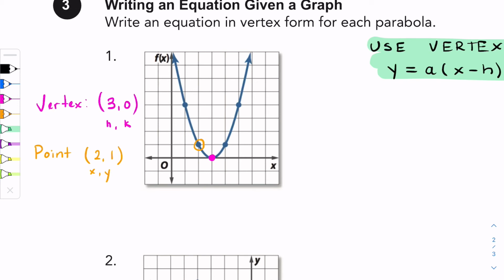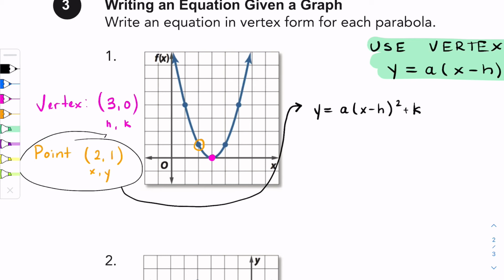So now I'm going to take these two values, my vertex and my point, and I'm going to substitute them into the vertex form. Vertex form is a times x minus h in parentheses squared plus k. When I do that, my h value is 3, k value is 0, that's from my vertex. My x value is 2, y value is 1 from the extra point.